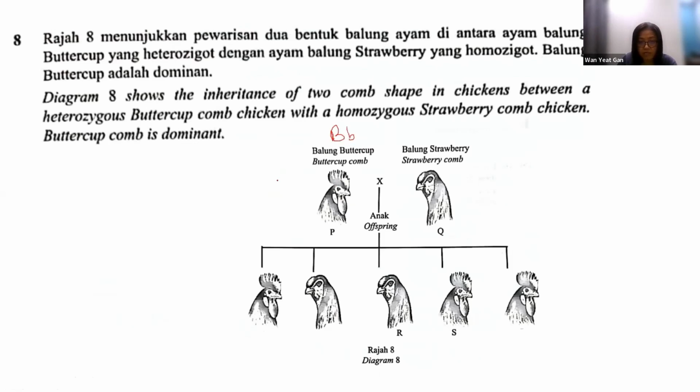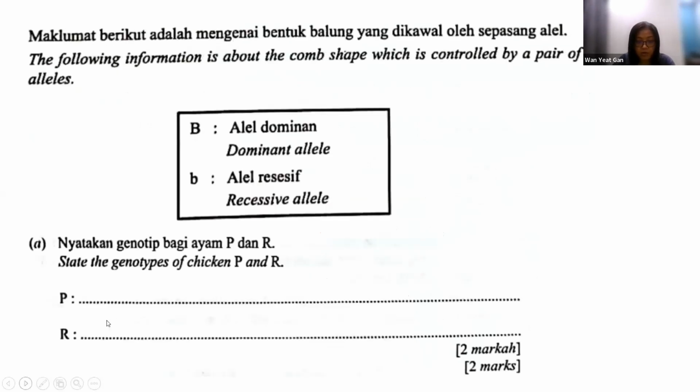Now, it cannot be homozygous because there is offspring that is having strawberry comb. So strawberry comb is recessive. So P has to be heterozygous. So then only you can get R, the strawberry comb, which is recessive.